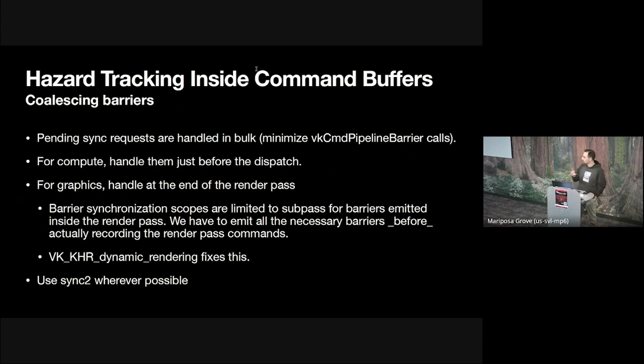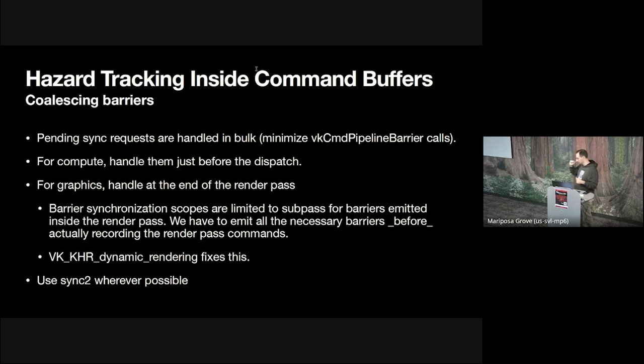So that's the only reason I did that without the secondary command buffers. And yes, also use synchronization 2 wherever possible. There is literally no reason to not use synchronization 2. There is an emulation layer in the SDK that does emulation if your target doesn't support it. But even if you don't want to ship the layer with your application for whatever reason, it's not difficult at all to emulate it yourself, as long as you keep your barrier emitting code sort of self-contained to like 1 or 2 functions.